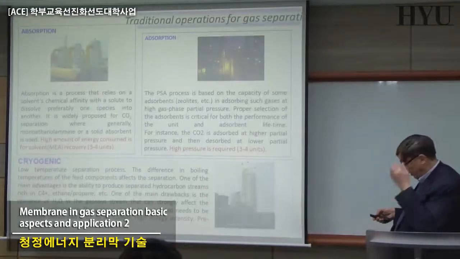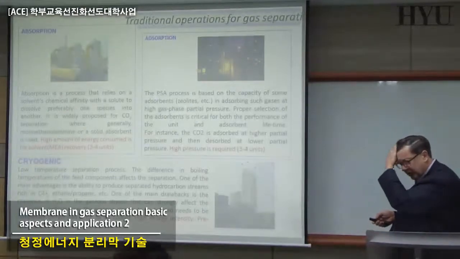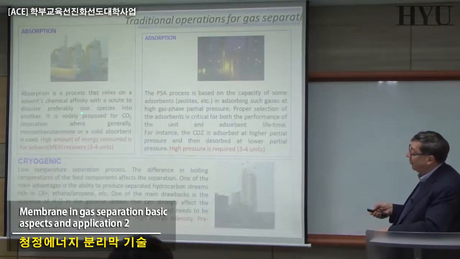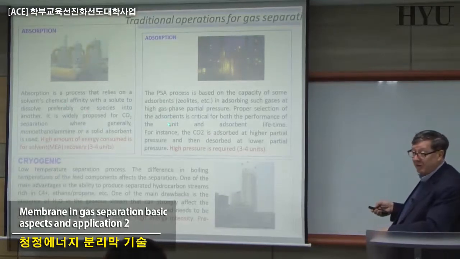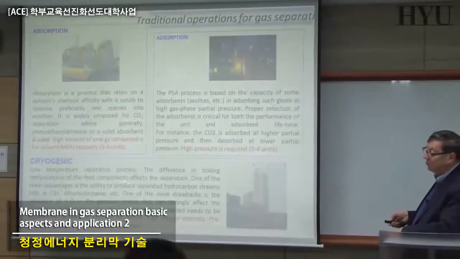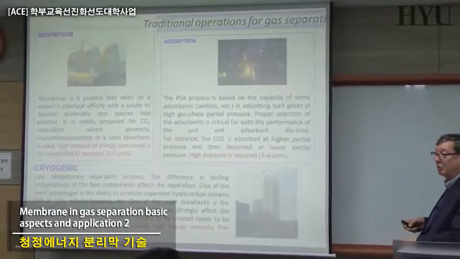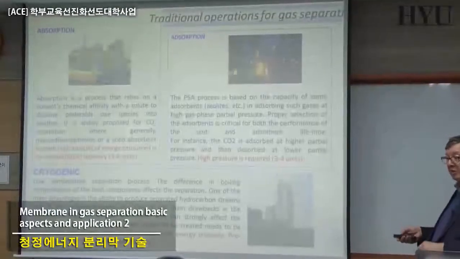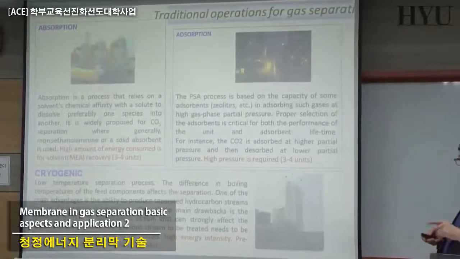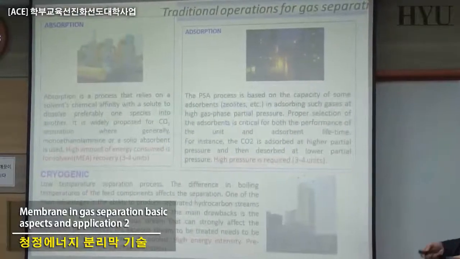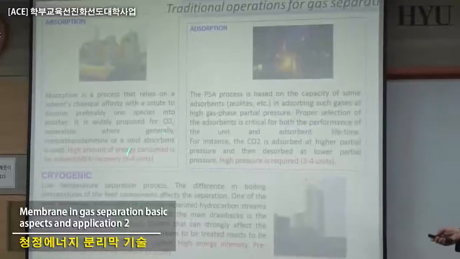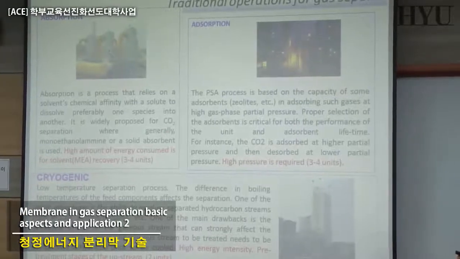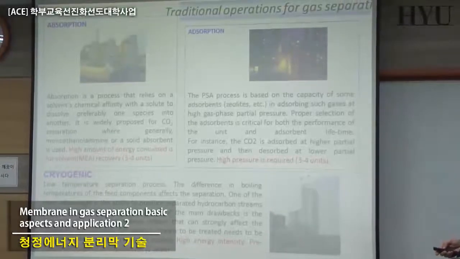Competition with membrane systems for this separation exists, but if you look at the logic of process intensification, none of these processes has anything to do with PI. In terms of all the parameters we have been discussing, mass intensity, energy intensity, footprint, etc., all these systems are very, very weak, and they lose in this kind of competition.